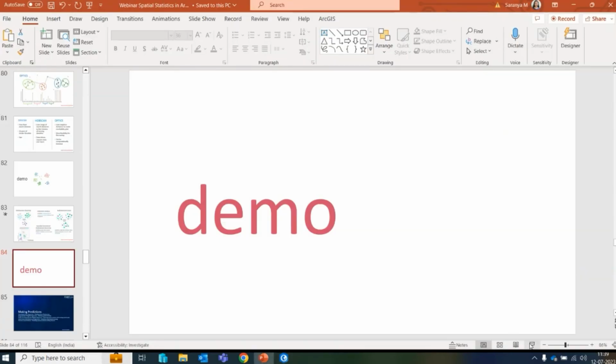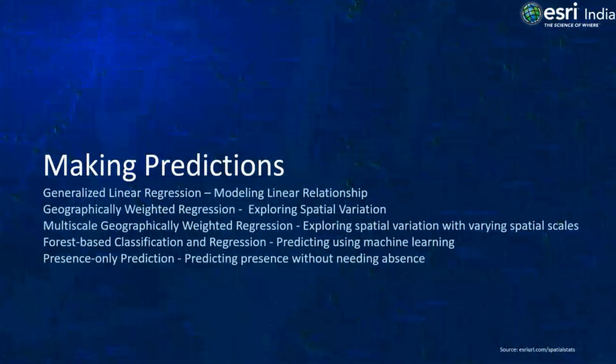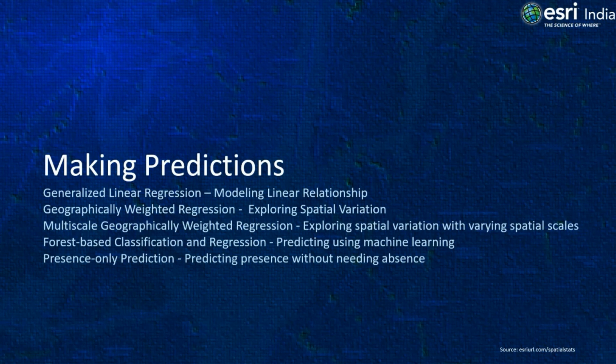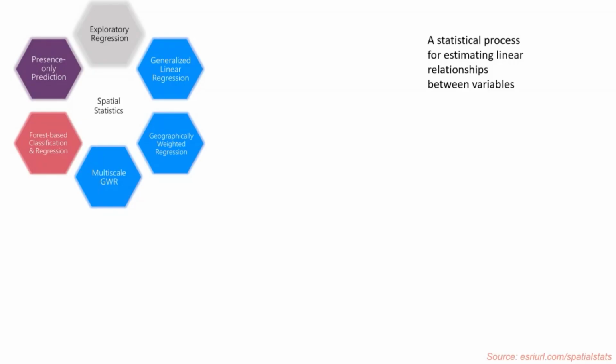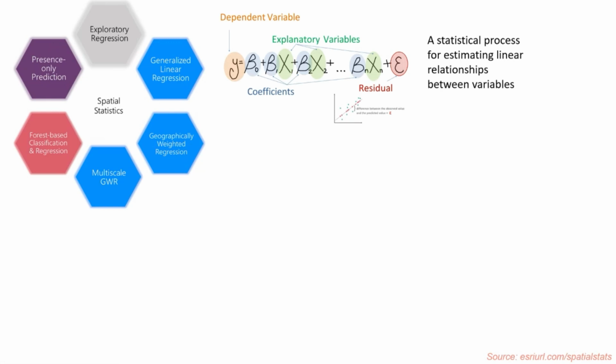Now coming to the next part of our session, which is making predictions. So you all must be familiar with regression analysis, where you try to model linear relationships with data. ArcGIS offers you multiple options for carrying out this prediction. You can have generalized linear regression, geographically weighted regression, multi-scale regression, forest-based presence-only prediction, etc. So generalized linear regression is pretty straightforward.